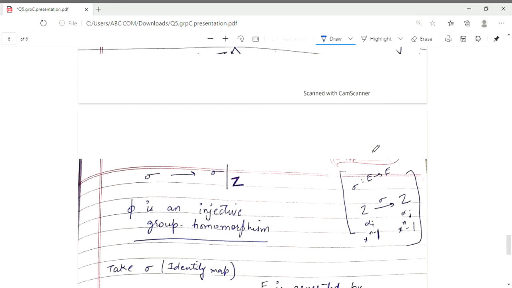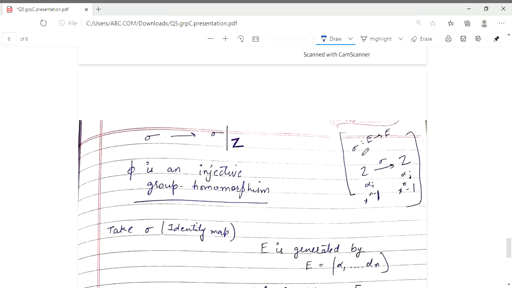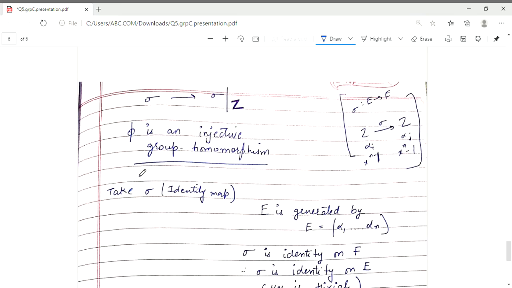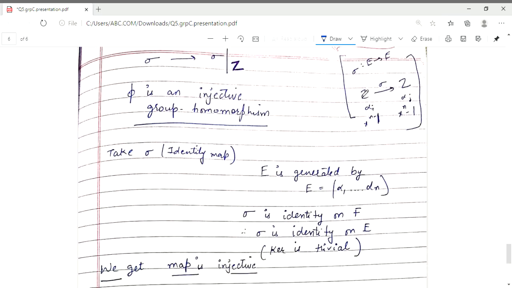We'll take sigma and restrict sigma to Z. So now we can take any automorphism of E, and when we see it restricted over Z, we see that any root of the polynomial f of x, let it be alpha i or alpha j, it takes it to another root of the polynomial f of x.